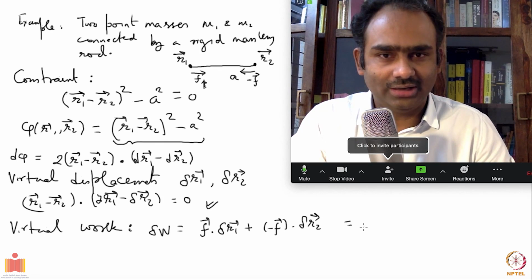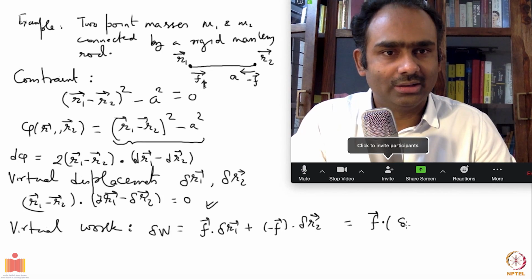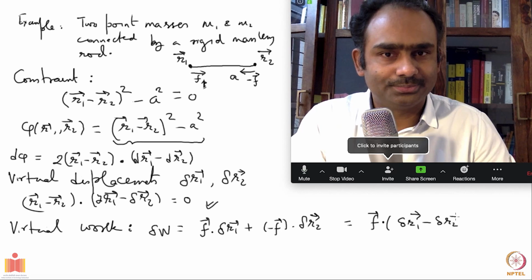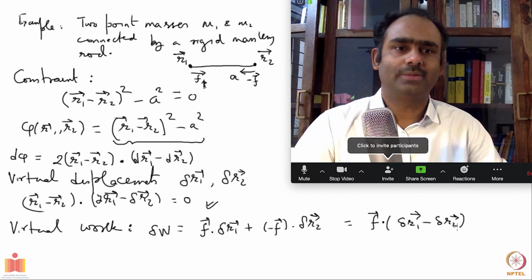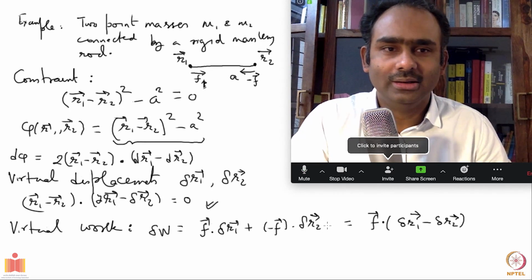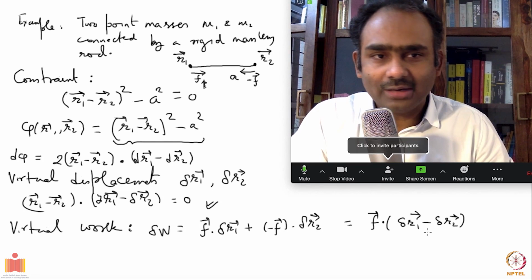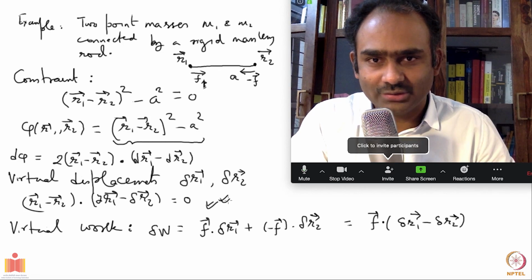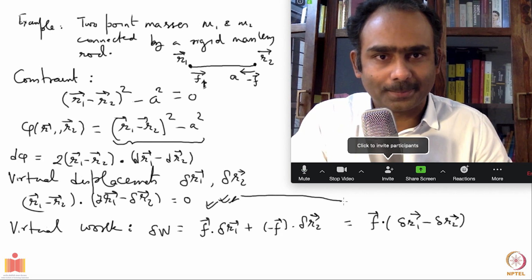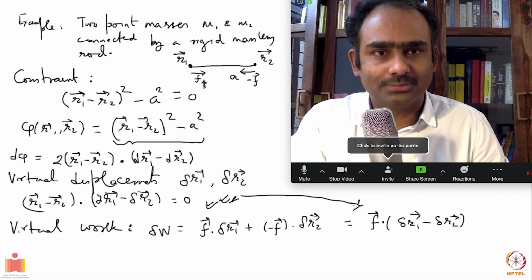You take out the F common: F dot (delta R1 minus delta R2). I hope everything is fine till now. Now delta R1 minus delta R2 is constrained by this relation, so I take this one and put it in here.